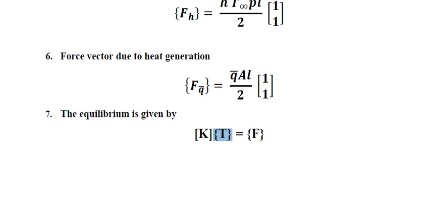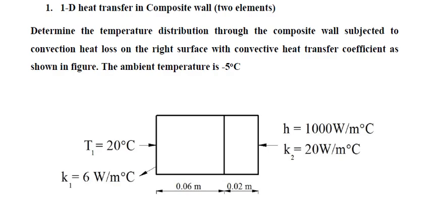Suppose at node 1 T is given and you are asked to find out node 2. You have to find out T2 at node 2. This is how the analysis goes. We shall move on to the problems now. The problems on composite walls. 1D heat transfer means heat transfer in one direction.